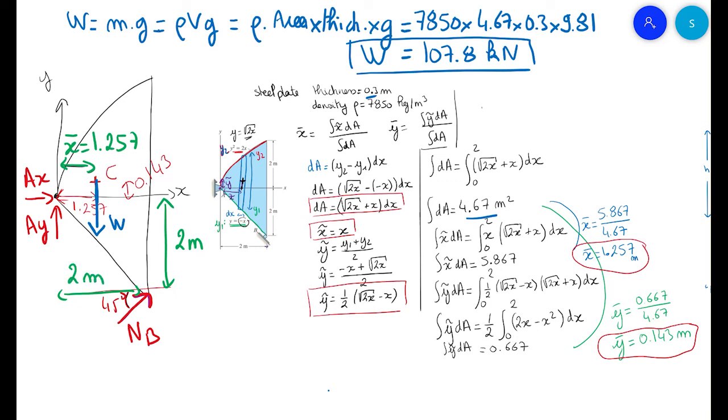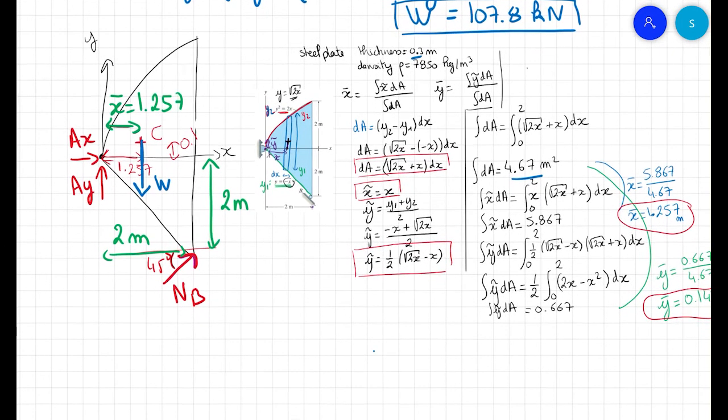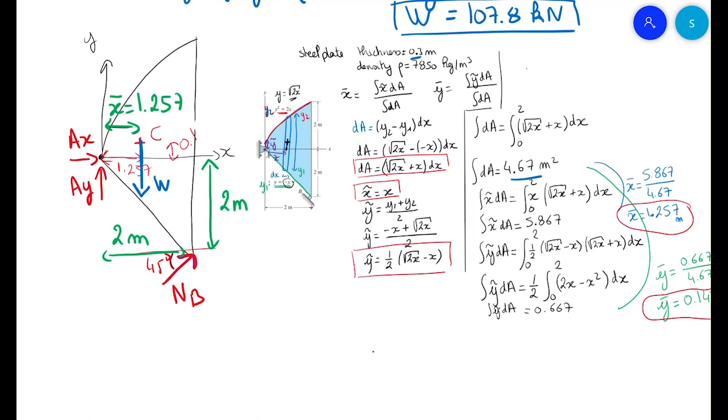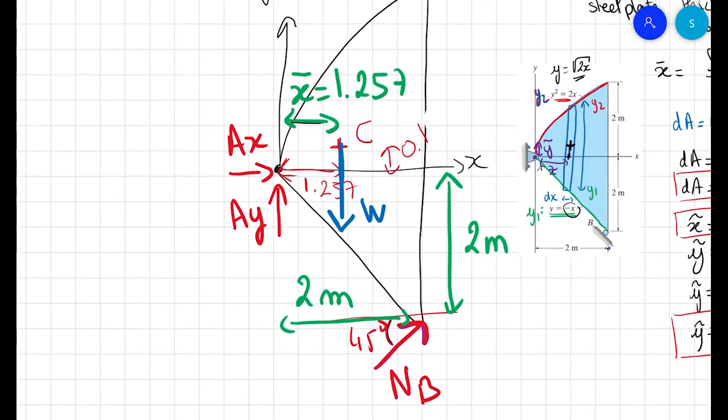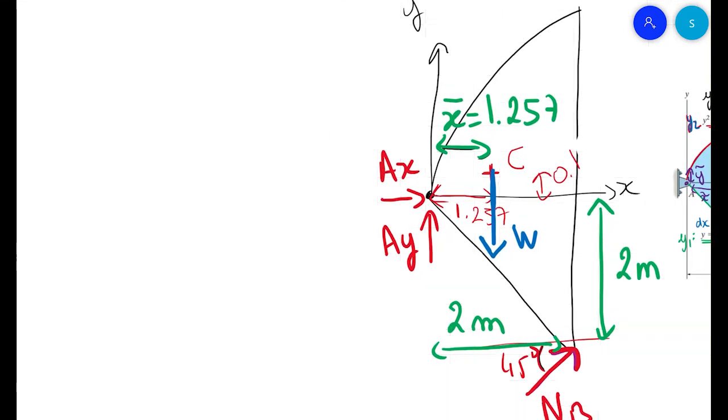Here we go. We don't need the y bar. So now we can solve for NB using the sum of the forces. I completely changed the scale that I use for writing, but let's go on the left.